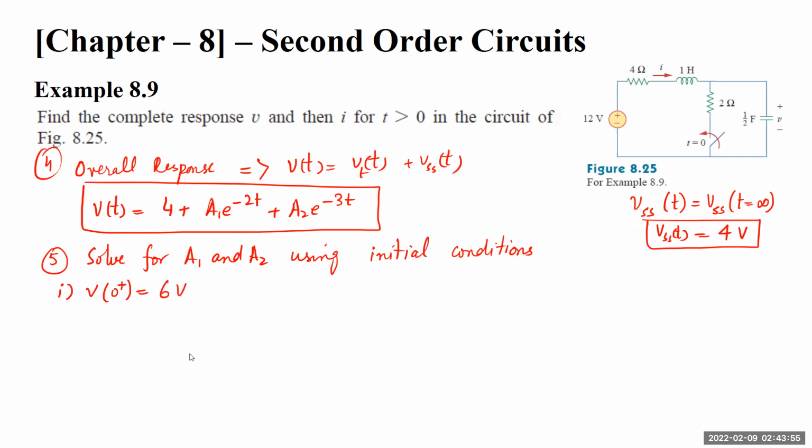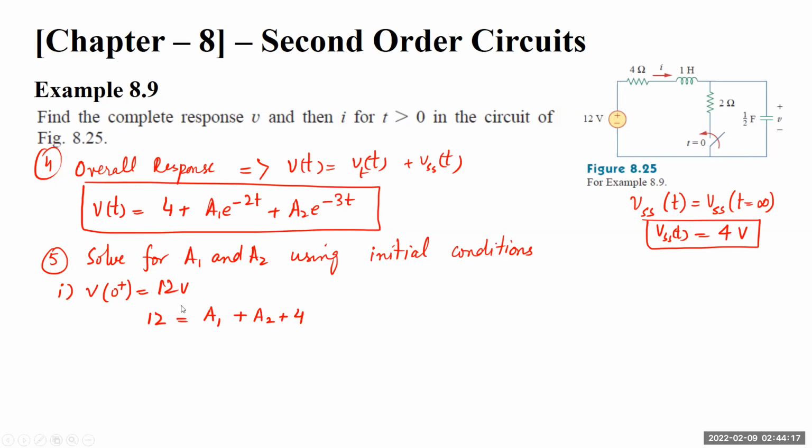Sorry, V0 positive was 12 volts, not 6 volts. We use this initial condition. So we have 12 equals A1 plus A2 plus 4.